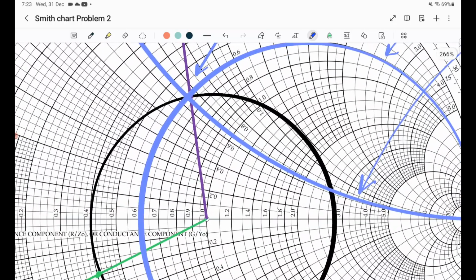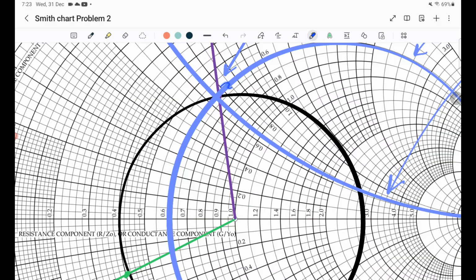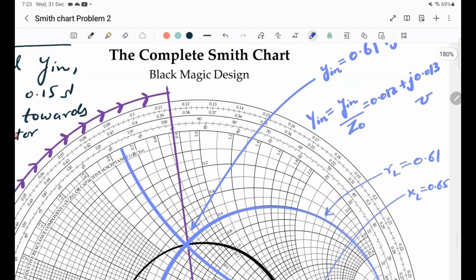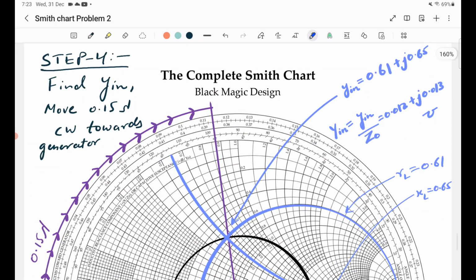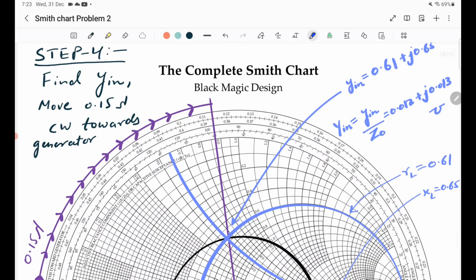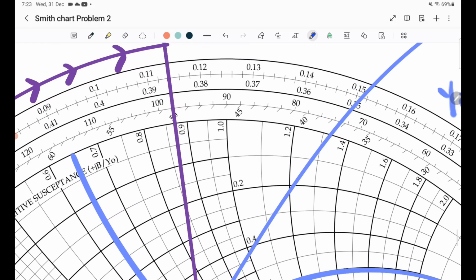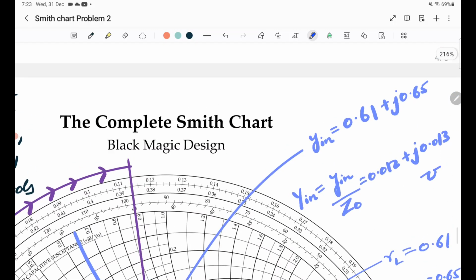This can be found out by zooming in. You will find that the resistance circle is cutting at approximately 0.61, and the reactance circle is somewhere between 0.6 and 0.7, which is this particular curve. So we are taking 0.65 as the reactance value.